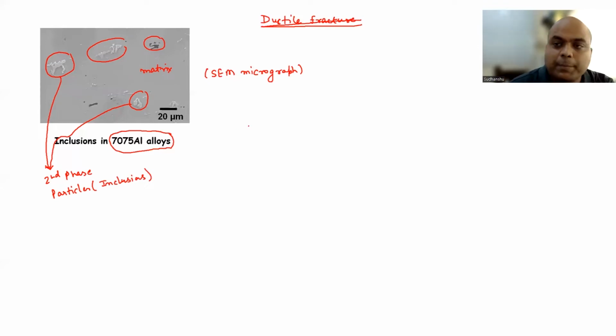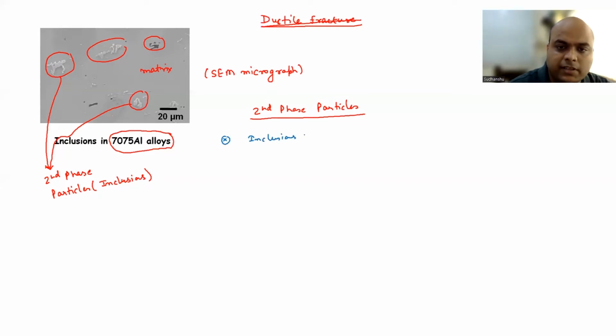Depending upon the type of materials, you can have different types of second phase particles. Let me summarize very quickly the different second phase particles in several materials. You are going to see inclusions.